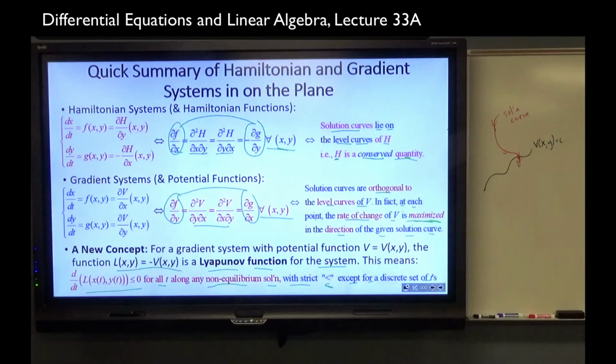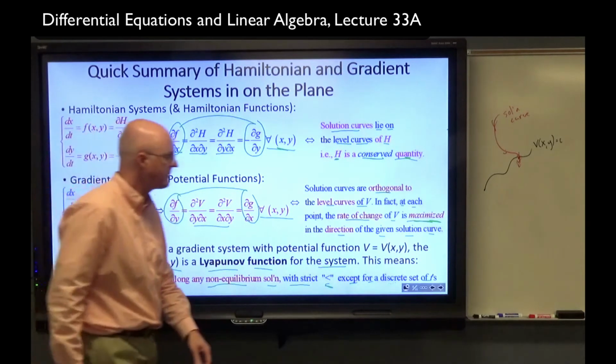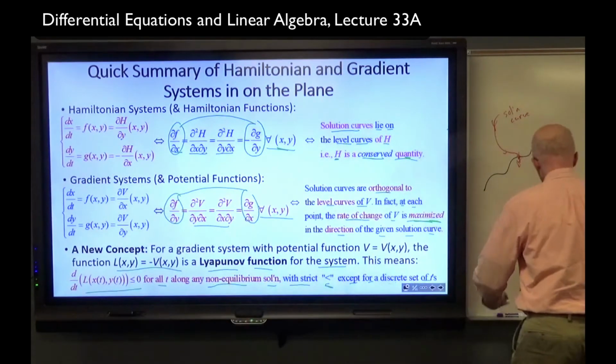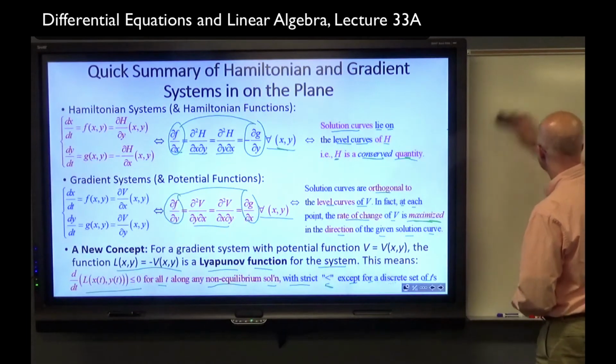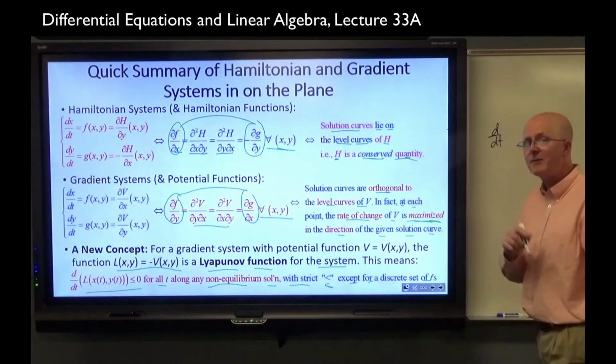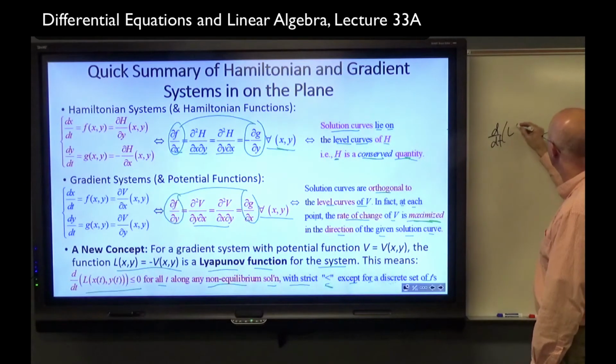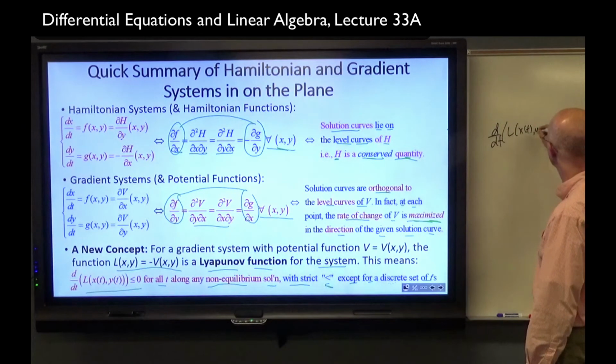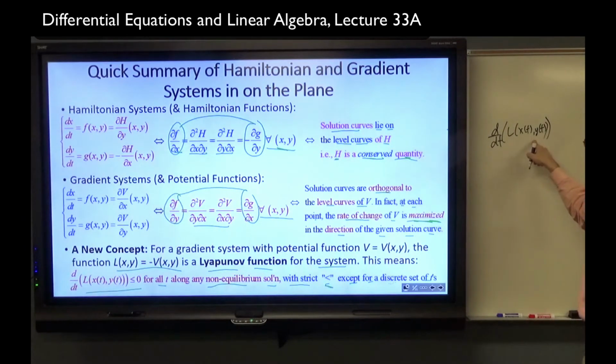Okay, I claim this is true, that this negative V is a potential function, or excuse me, a Lyapunov function for this. We should probably verify that quick with the multivariable calculus chain rule. Like we used with the Hamiltonian systems, what's the derivative of this Lyapunov function along the solution curve? I'm assuming x of t comma y of t is the solution curve.